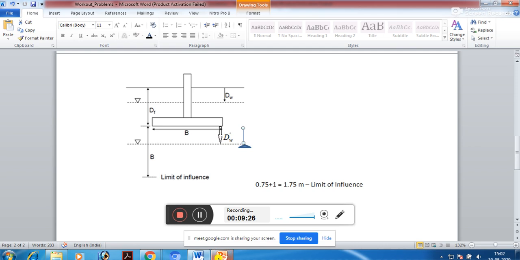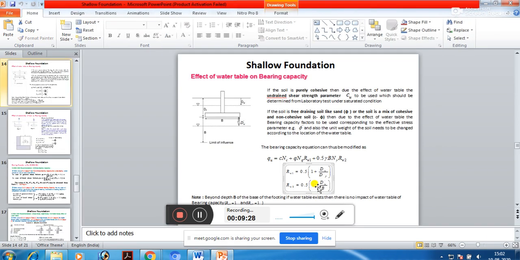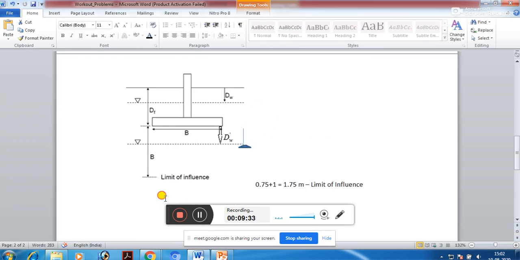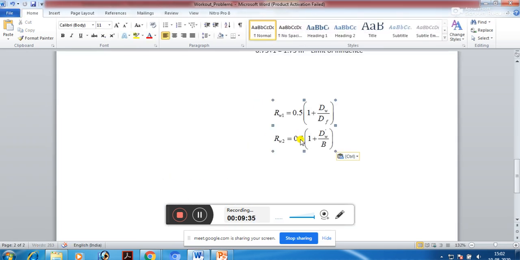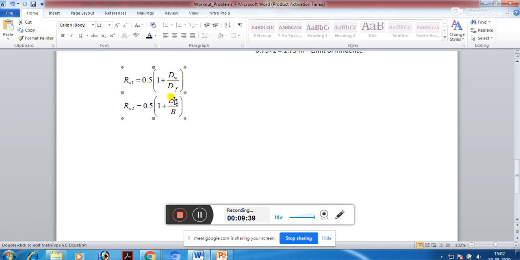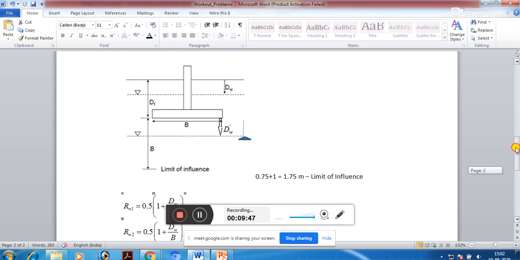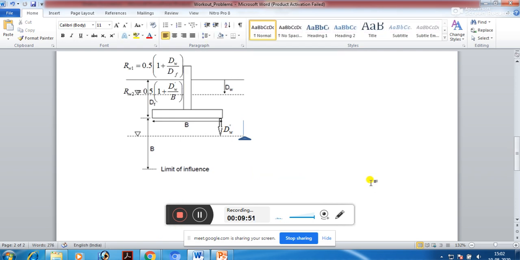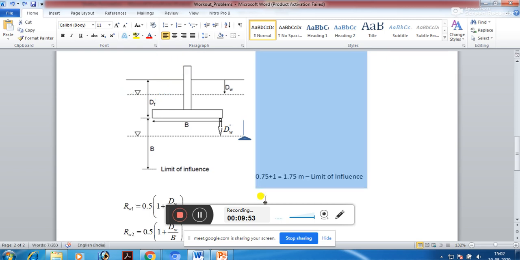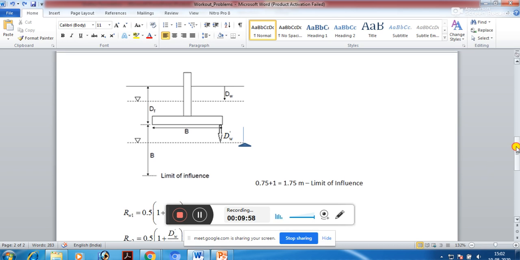If I take this formula out and put it here, what will be the value of dw dash in this equation? Yes, 0.25. So you should be very clear about it. Whenever dw dash is given, it is basically taken from the base of the footing.